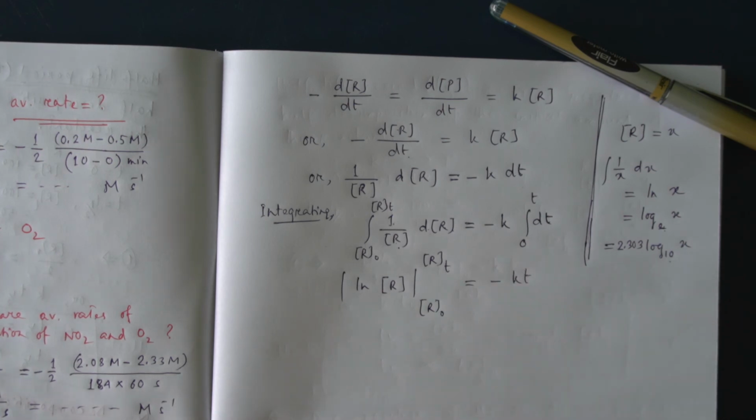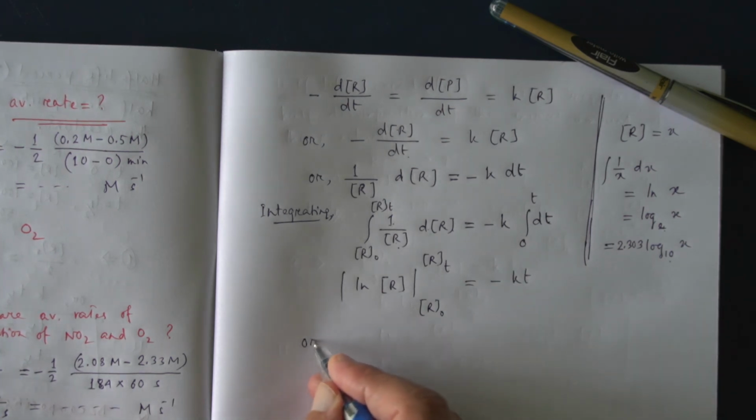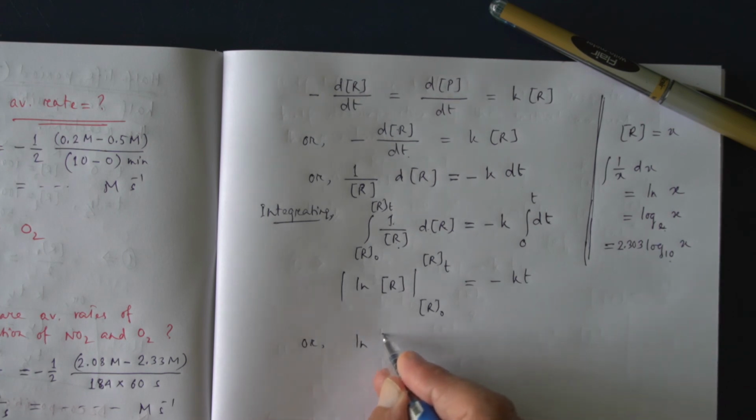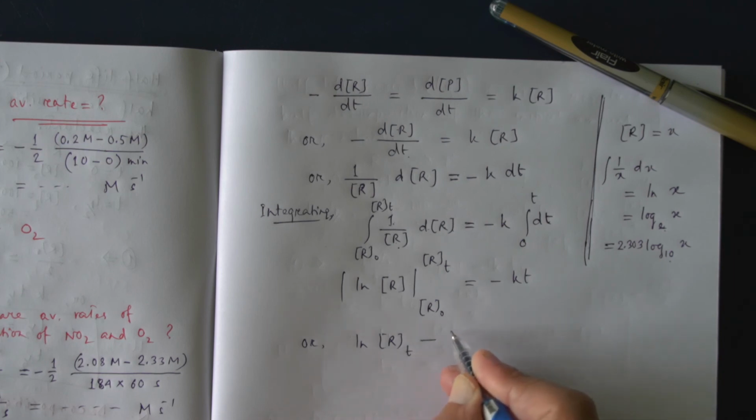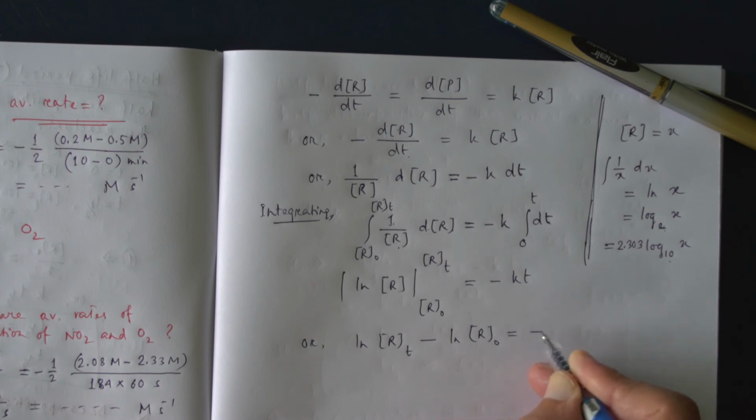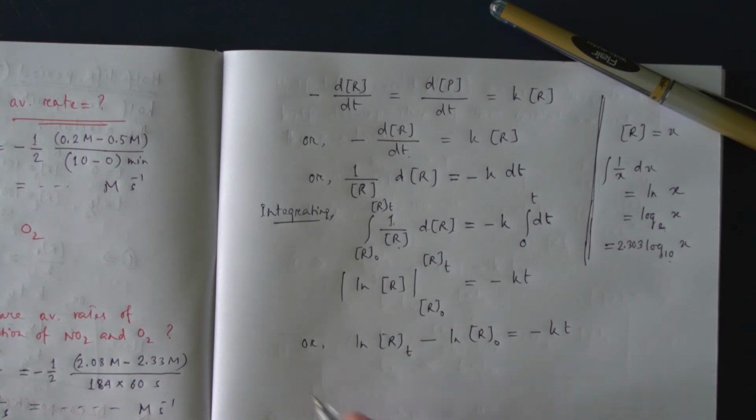So we are getting ln rt minus ln r naught equal to minus kt. Or, log m minus log n equal to log of m by n, equal to minus kt.